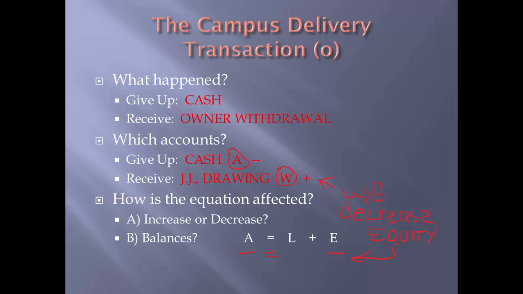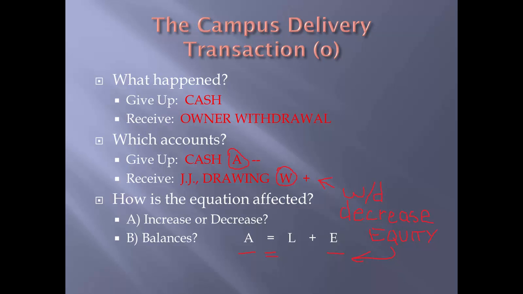What accounts are we going to use? For cash, we'll use cash, which is an asset. For owner withdrawal, we look under the owner equity accounts. We have capital and drawing.